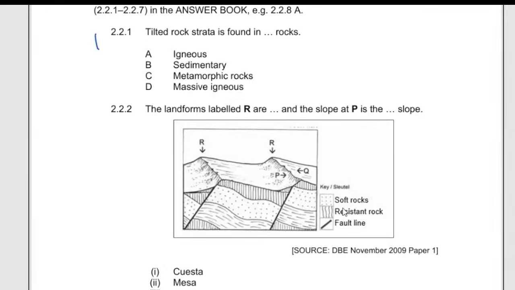Tilted is the same as inclined. Which rocks are likely to be inclined out of geomorphologic forces? If we have forces operating in the Earth's crust, they are likely to twist or to tilt those rocks. That is experienced in areas with sedimentary rocks.